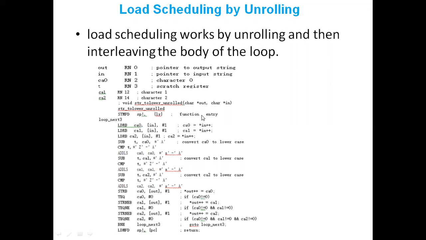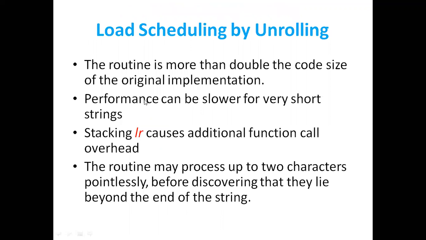But it is very efficient when the number of characters in a given string is very large, let us take about 10,000 or 20,000, then you can find some optimizations. The performance can be slower for very short strings, right? If the string is very small, it's not going to give you a good outcome.